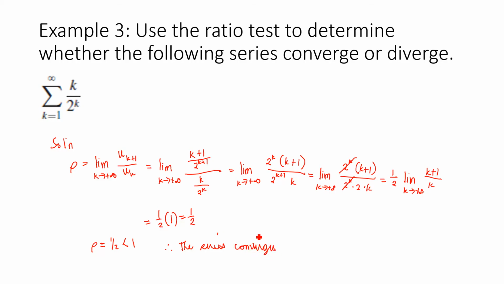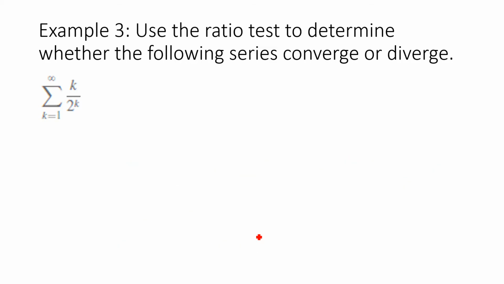Okay, so let's have another example. You have the summation of k raised to k over k factorial from 1 to infinity. So in this case, let's have a solution here. We have rho equal to the limit of u sub k plus 1 over u sub k as k approaches positive infinity.